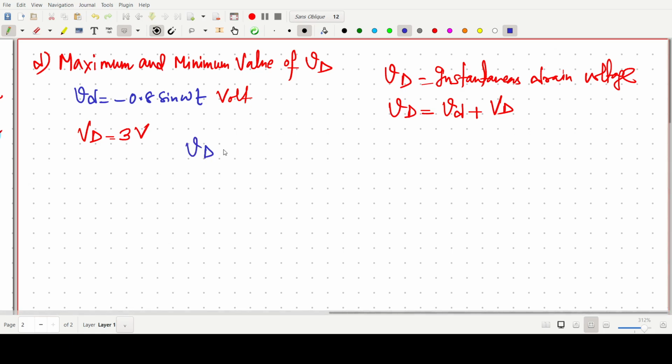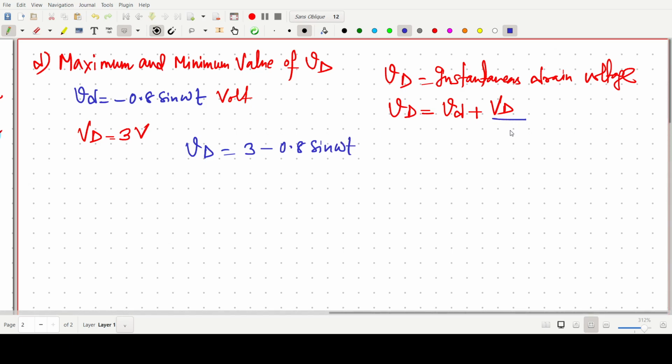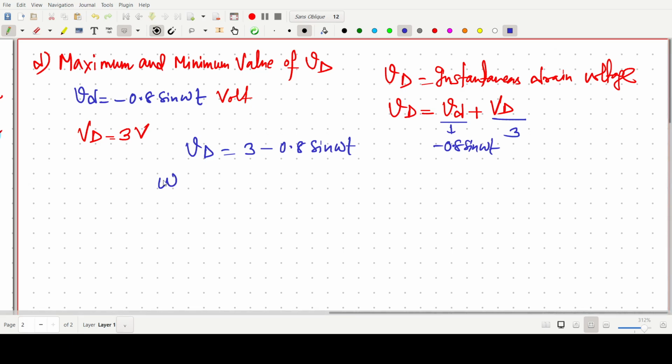So vD will be 3 minus 0.8 sine omega t, because we put the DC value of VD as 3 and for the AC part minus 0.8 sine omega t. So we have to find the maximum and minimum value.